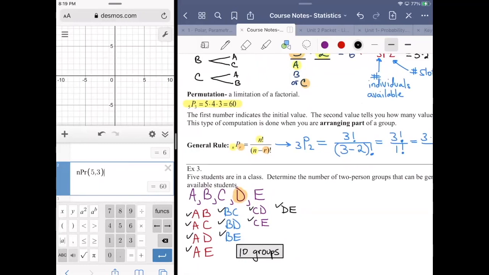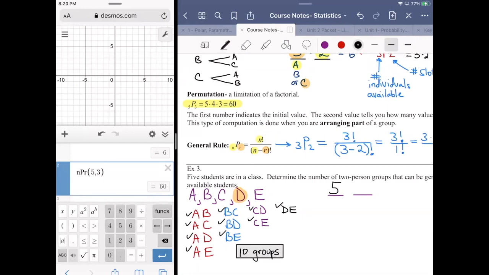So if I were to say, all right, I've got 2 people per group, I might look at that and say, okay, that's 2 slots. So 2 slots, and then 2 mehs. Any of the 5 people can go in the first position, so 5.